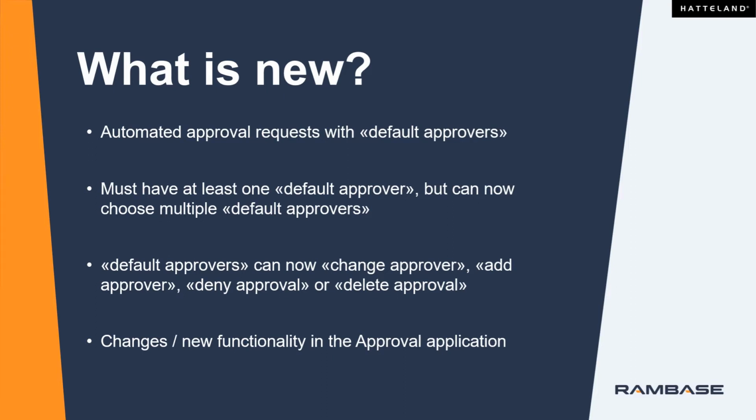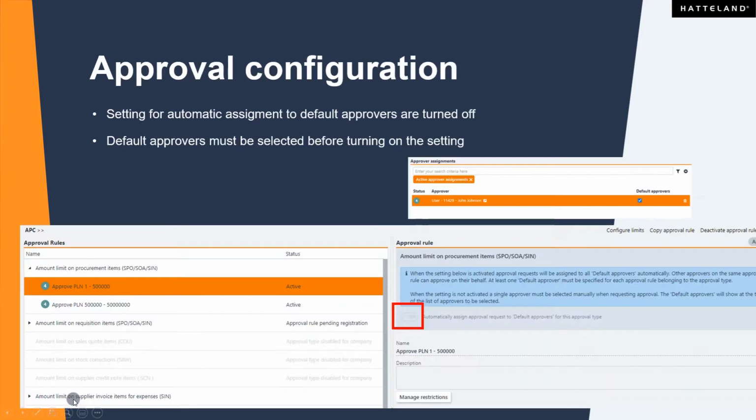There have also been some changes and added functionality in the approval application. In the approval configuration, a new setting has been added for automatically assigning approval requests to your chosen default approvers.